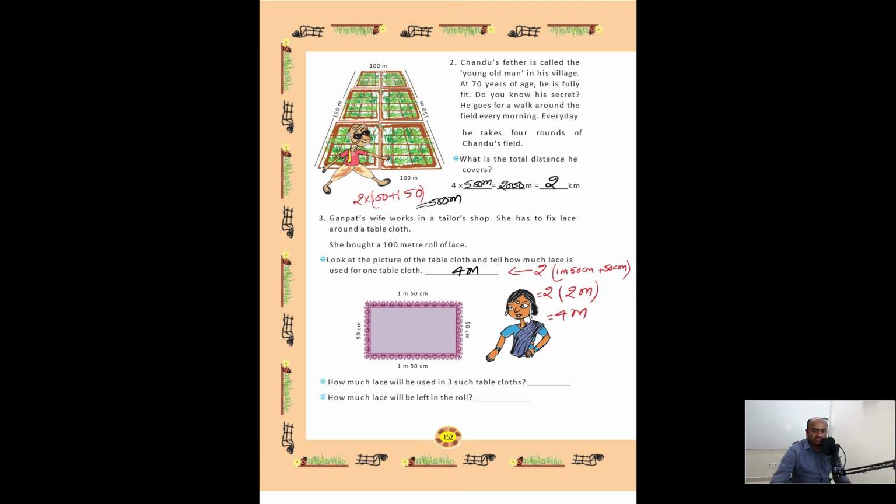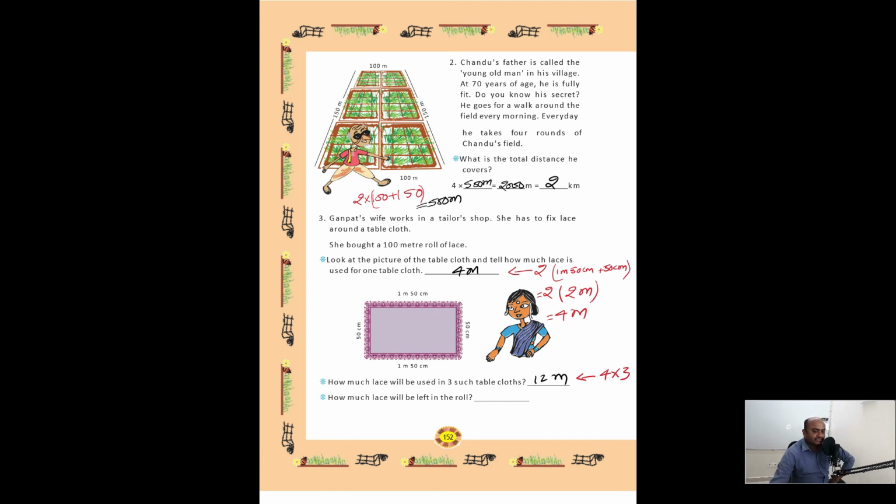Okay, so next, how much lace will be used in 3 such tablecloths? Each tablecloth is taking 4 meters, and she is taking 3. 4 into 3 will give you 12 meters of lace required for 3 tablecloths.